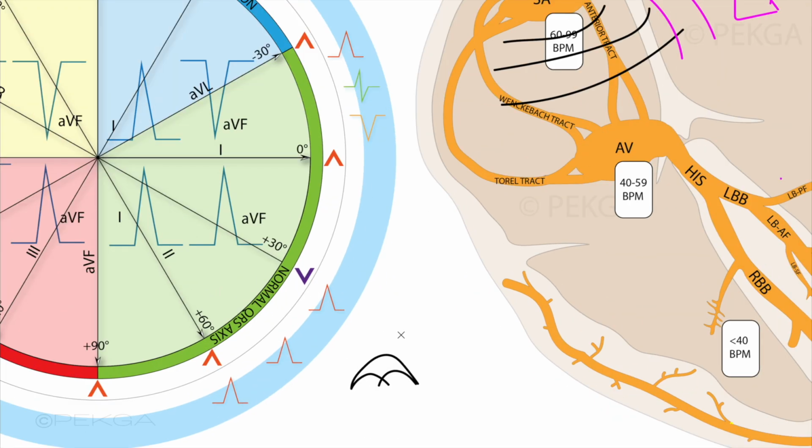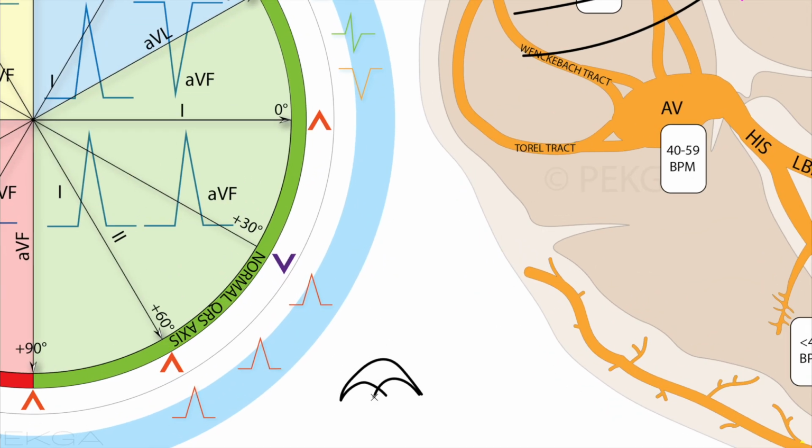As a consequence, what you see down here, your left atrium does this. And your overall P wave, instead of being a nice single hill, becomes this M-shaped wave.